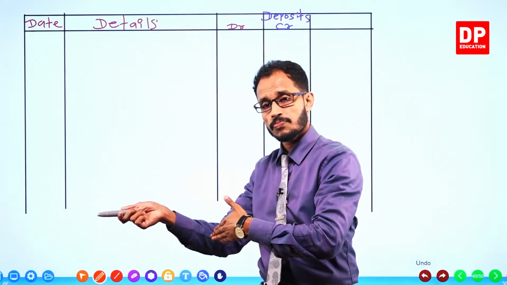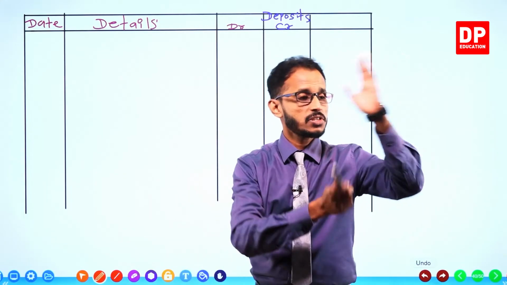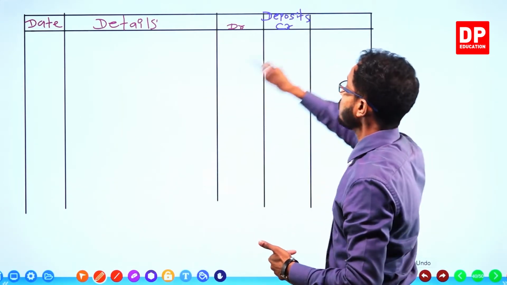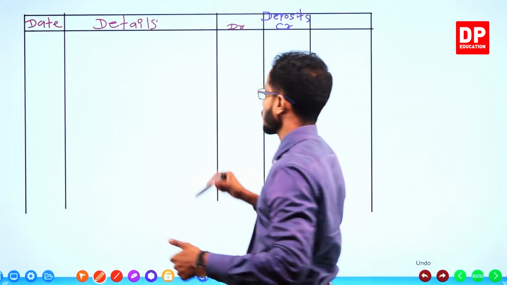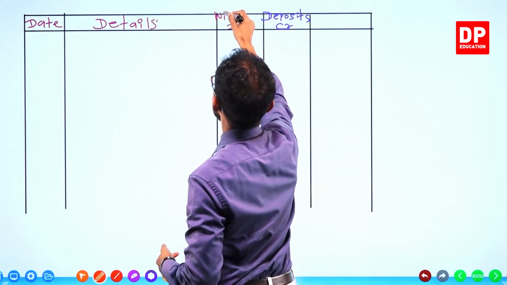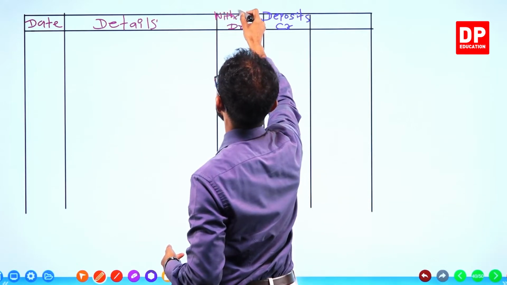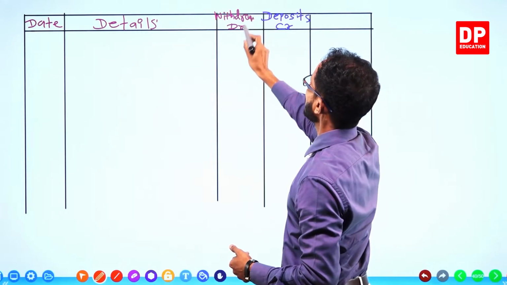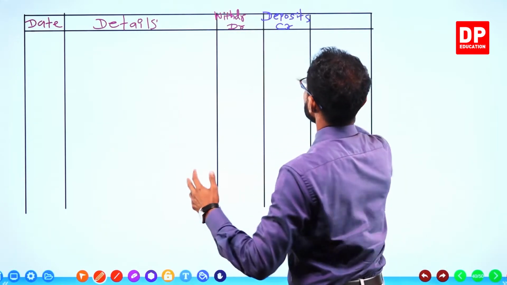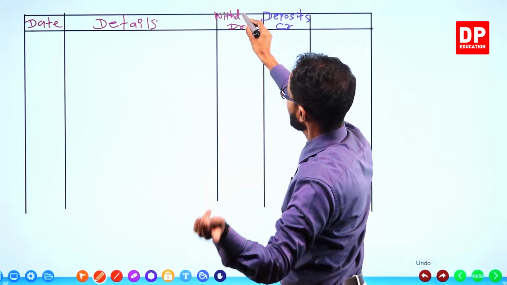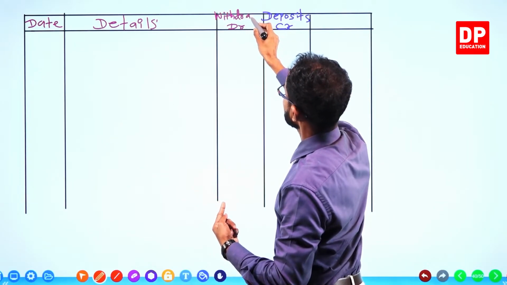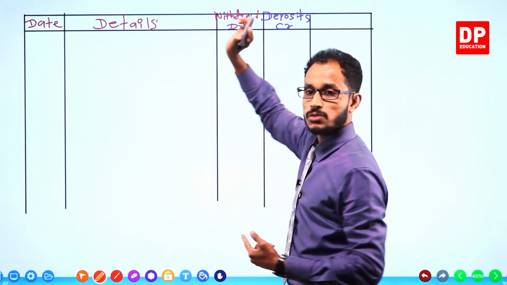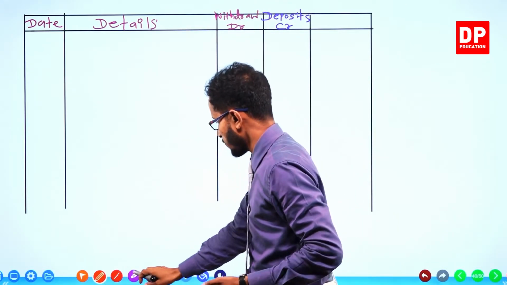We debit deposits, credit cash withdrawals. But the bank credits deposits and debits withdrawals. Even I can't read it, but now that I have explained what is here, you have to just note it. I'll just write withdrawals.